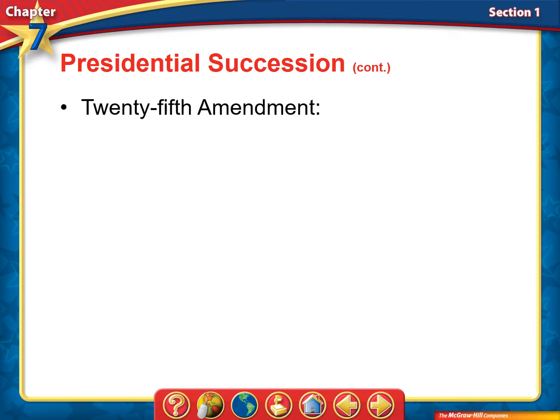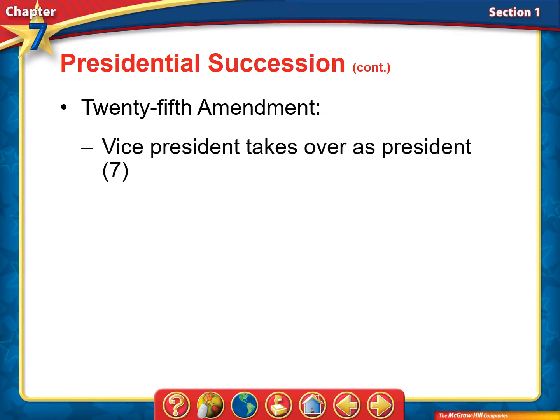Next, the 25th Amendment. The 25th Amendment states that if a president becomes incapable of governing, the vice president assumes. Now, this is not just if the president is shot. That one's obvious. When Ronald Reagan had to go under for surgery back in the 1980s, the vice president had to invoke the 25th Amendment.